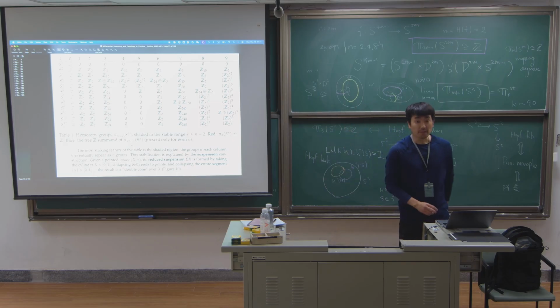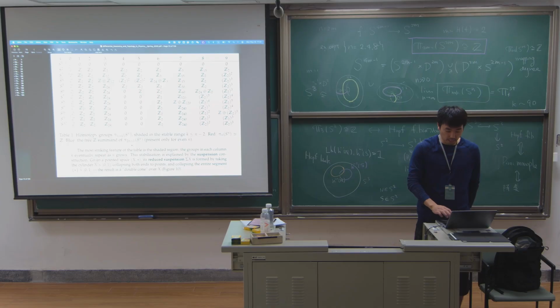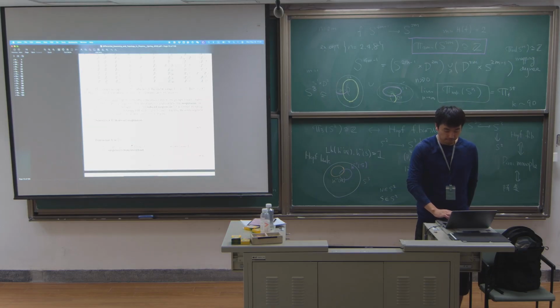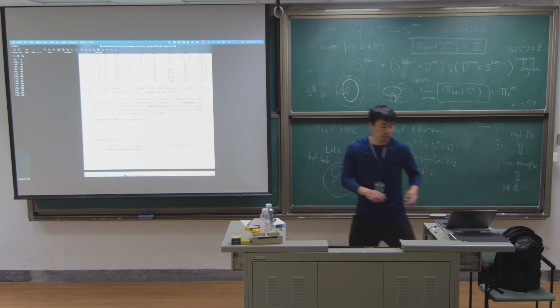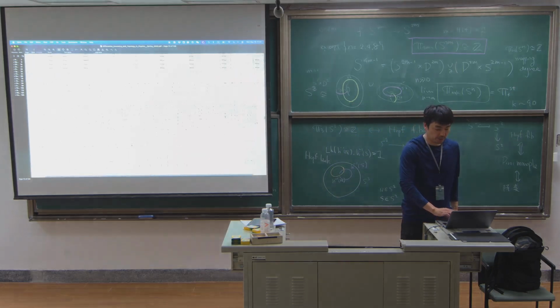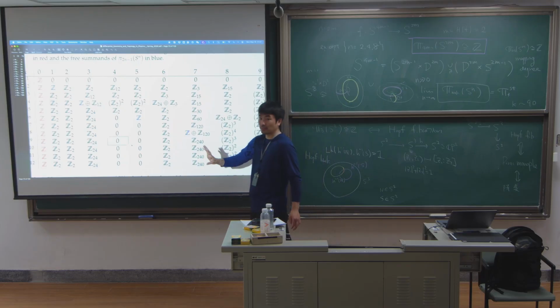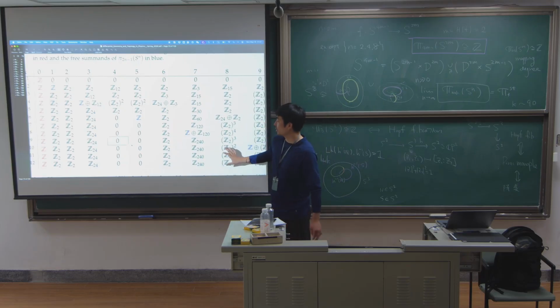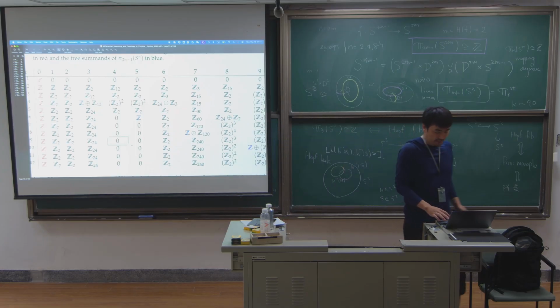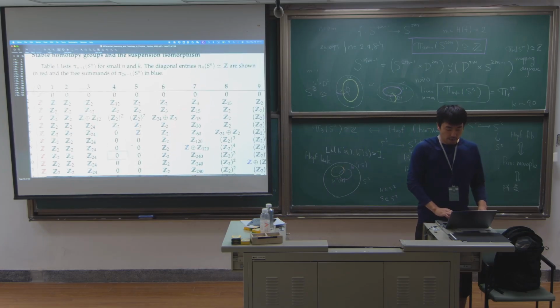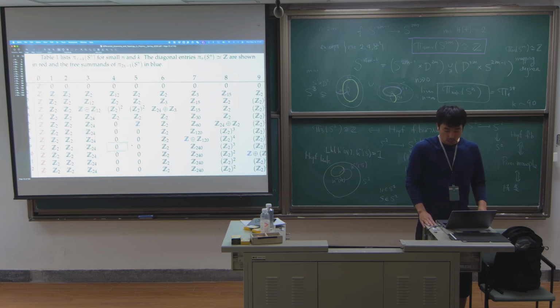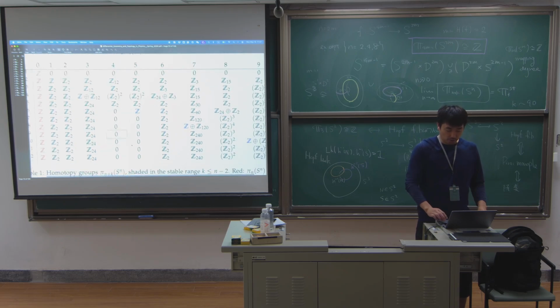In my notes, I explained why they stabilize when you increase n. I'm not going to explain it in the lecture, but if you're interested, you can read why it stabilizes. Okay. So that's the stable homotopy group.